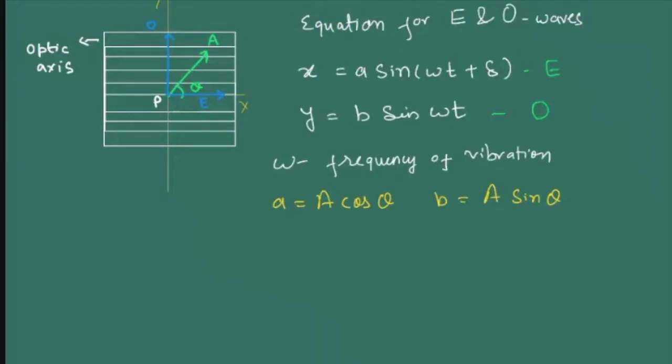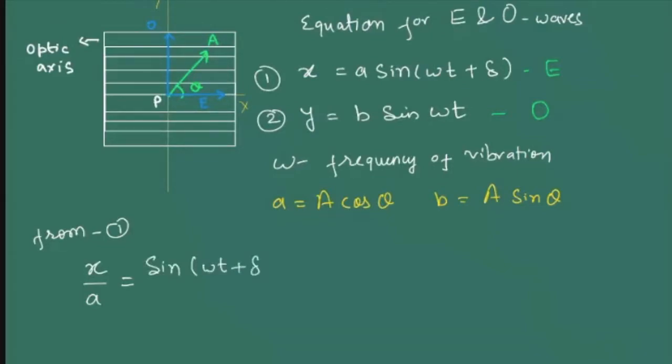So now let us do some calculations looking at this. Let us just label these equation 1 and equation 2. So from equation 1, I can write x upon a, let us bring that to this side, so x by a will be sine of omega t plus delta.